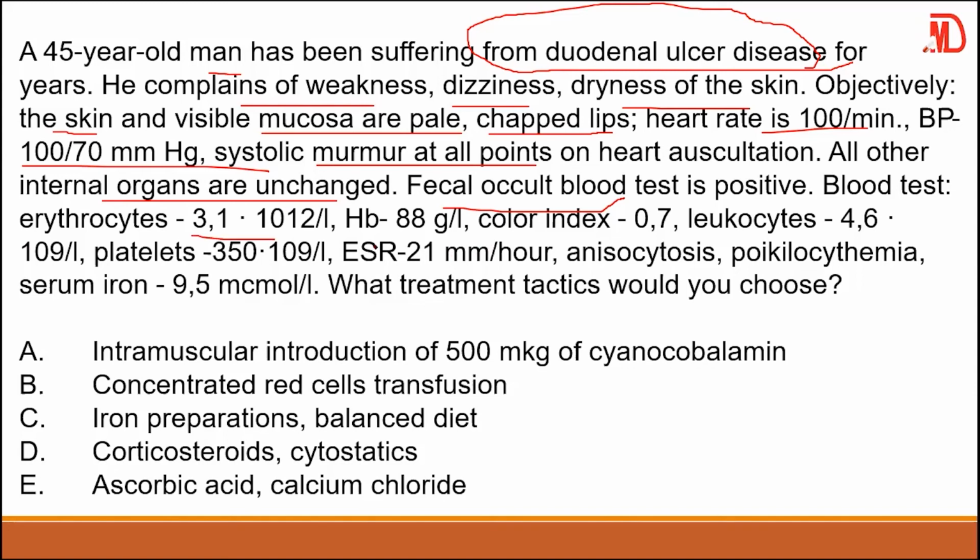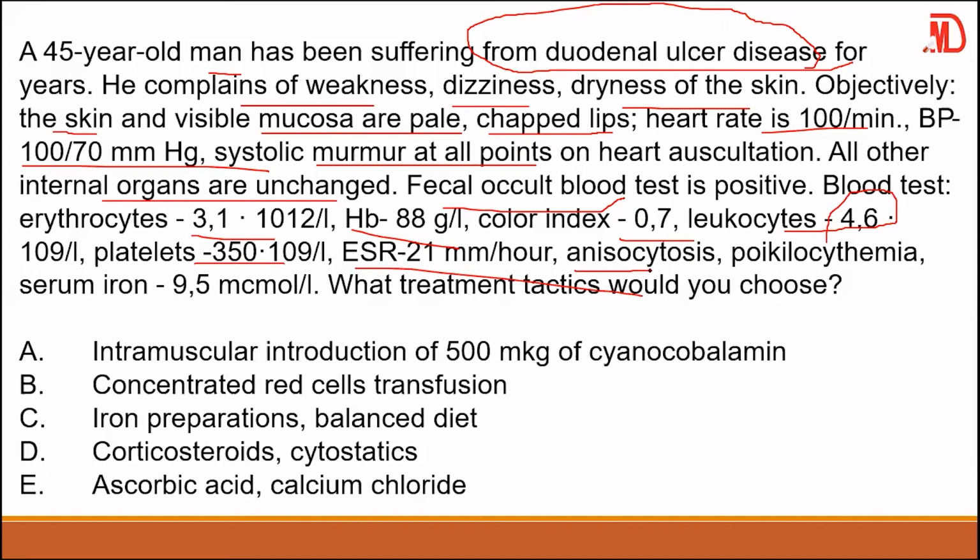Erythrocyte is 3. Hemoglobin is 88. That is low. The erythrocyte is okay, but the HB is quite low. Color index is low. Leukocyte is okay. Platelets, very much okay. ESR, 21 is quite okay.